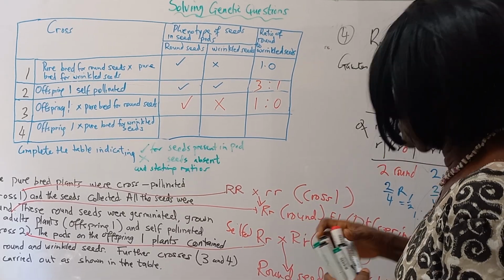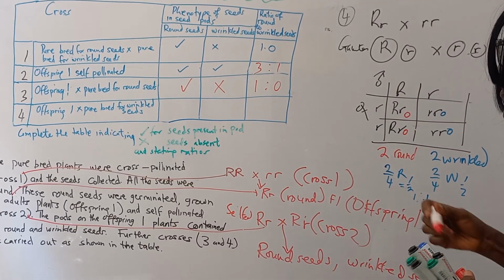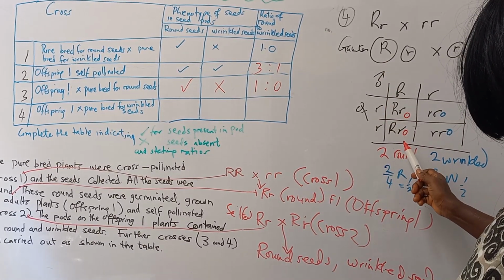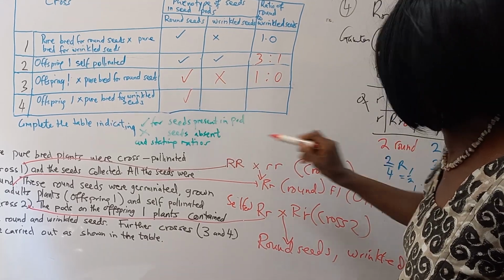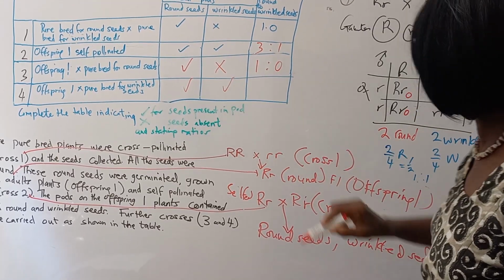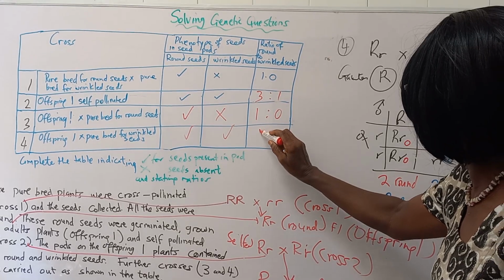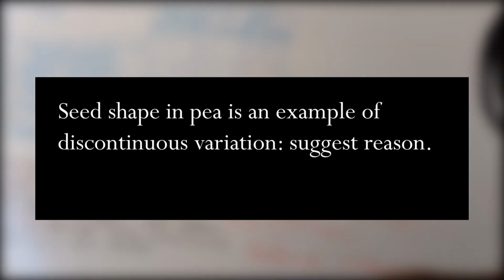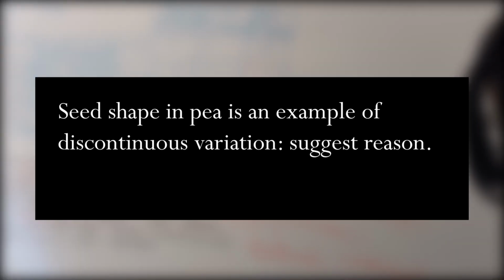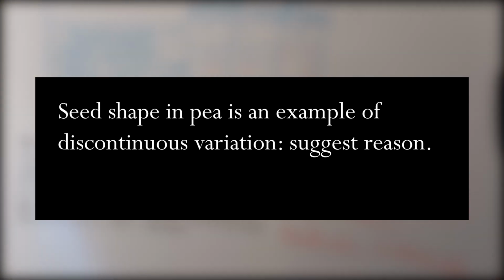So let's come to fill our table here. The results, we have round seeds are present, wrinkled seeds are present. The ratio is 1:1.